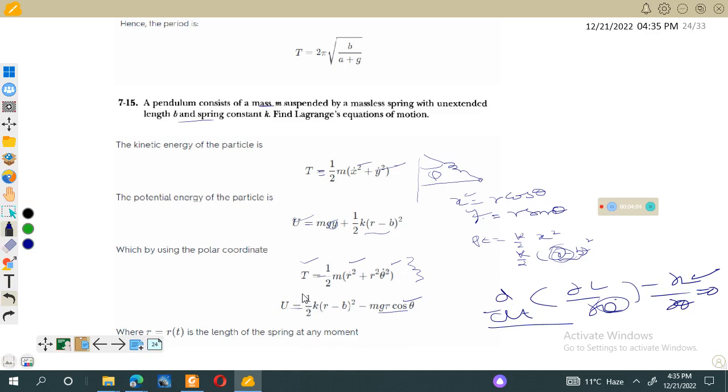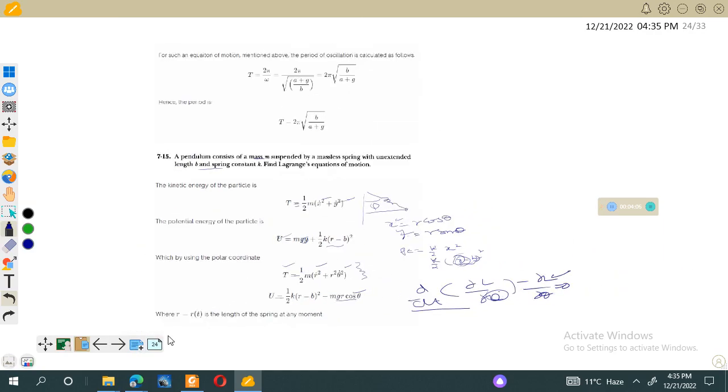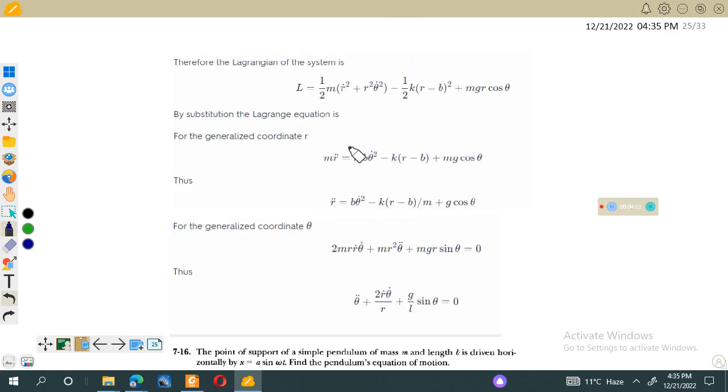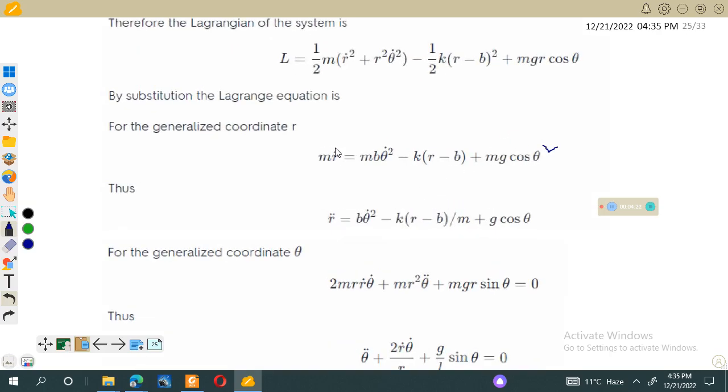Putting our Lagrangian into the Lagrange equation gives an expression like m r double dot minus m r theta dot squared minus this is equal to this, and we can simplify for r double dot by dividing by m on the other side. This is the equation for generalized coordinate r, and this is the equation for generalized coordinate theta. This is our equation of motion for theta, and this is the equation of motion for r.